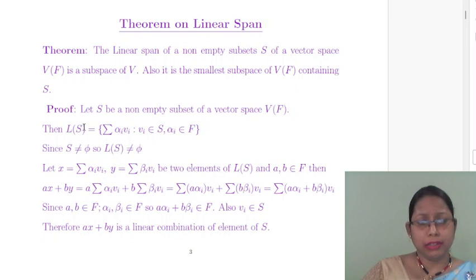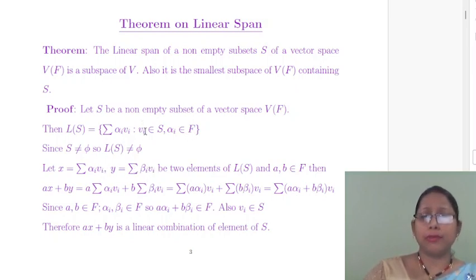Any element in the linear span is of the form summation alpha i vi, and y is of the form summation beta i vi, where vi comes from S and alpha i, beta i come from F.